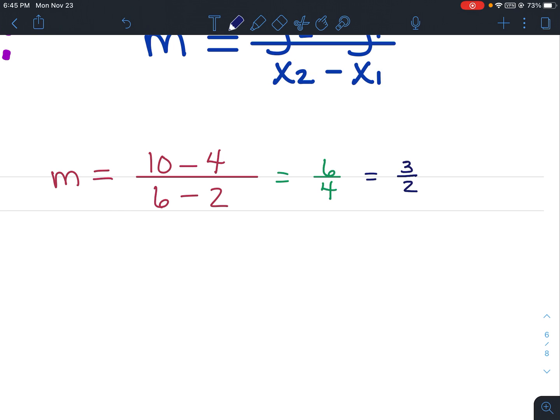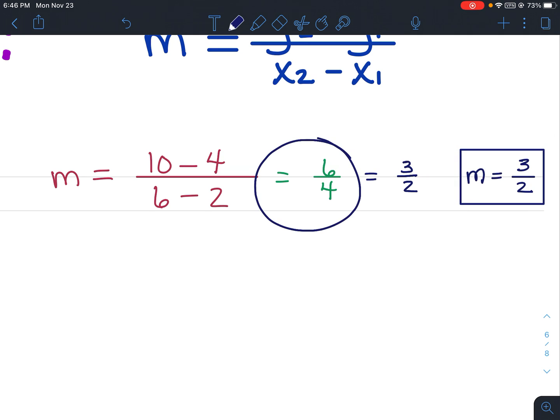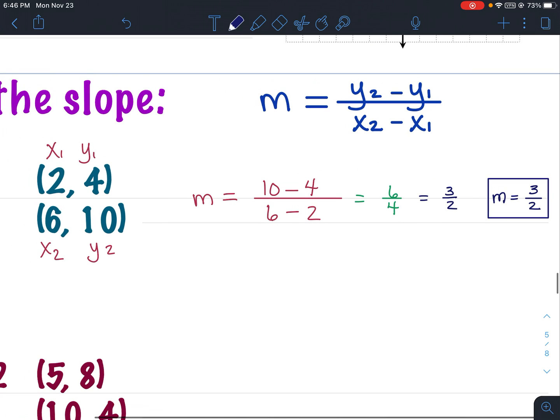So my slope for the first one is 3/2. Now, you can cut out that middle step by putting the entire problem in your calculator at once. Again, you could cut out that middle step by putting the entire problem in your calculator at one time. Excuse me.